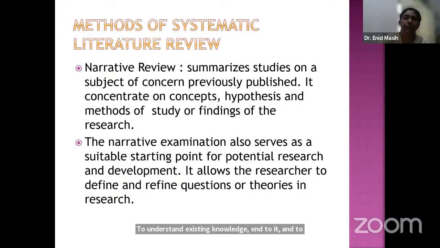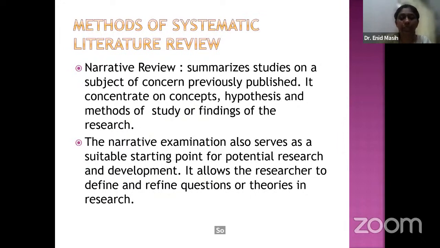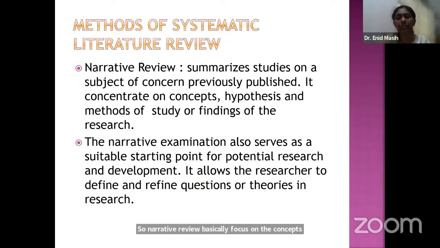So narrative review focuses on the concepts, hypotheses, and methods of studies used in previous research. If you are interested in writing a systematic literature review paper, then the best thing is to start focusing on narrative review and start collecting different papers.